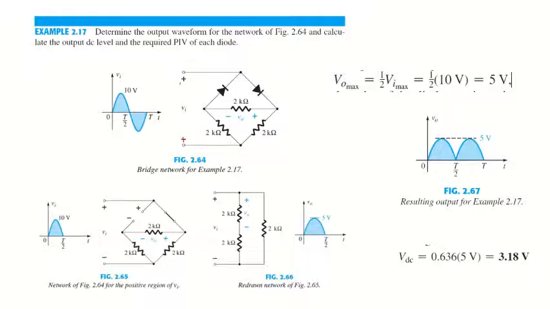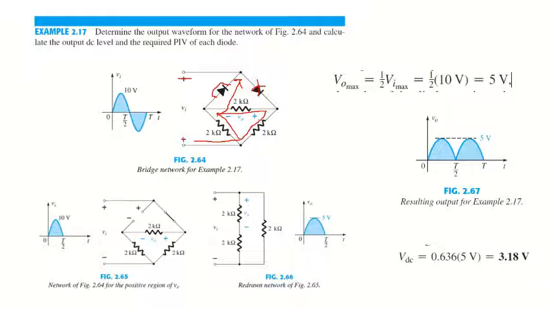This is positive, this is negative, and the direction of the current will be like this. So this diode will be off and this diode will be in the on state.